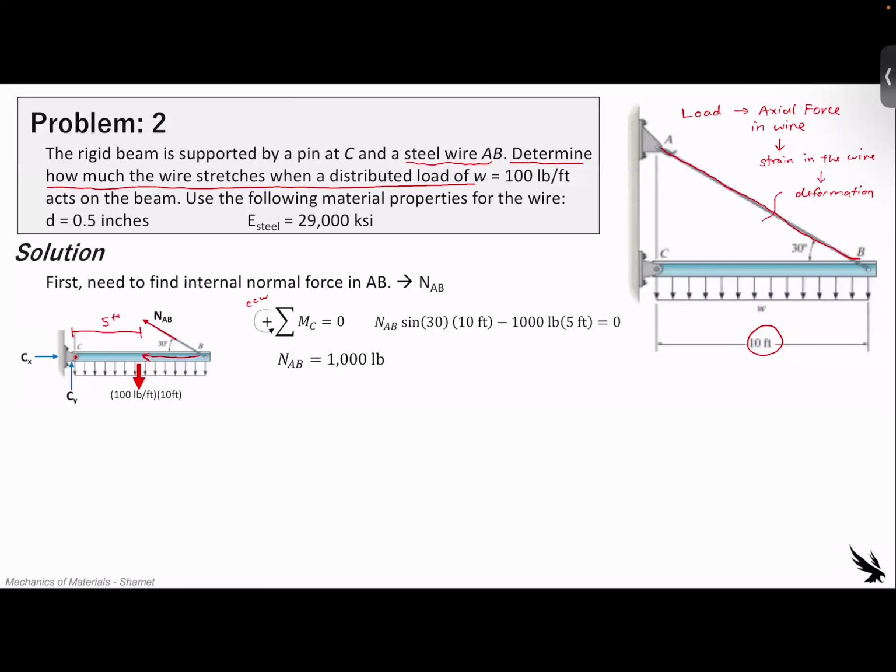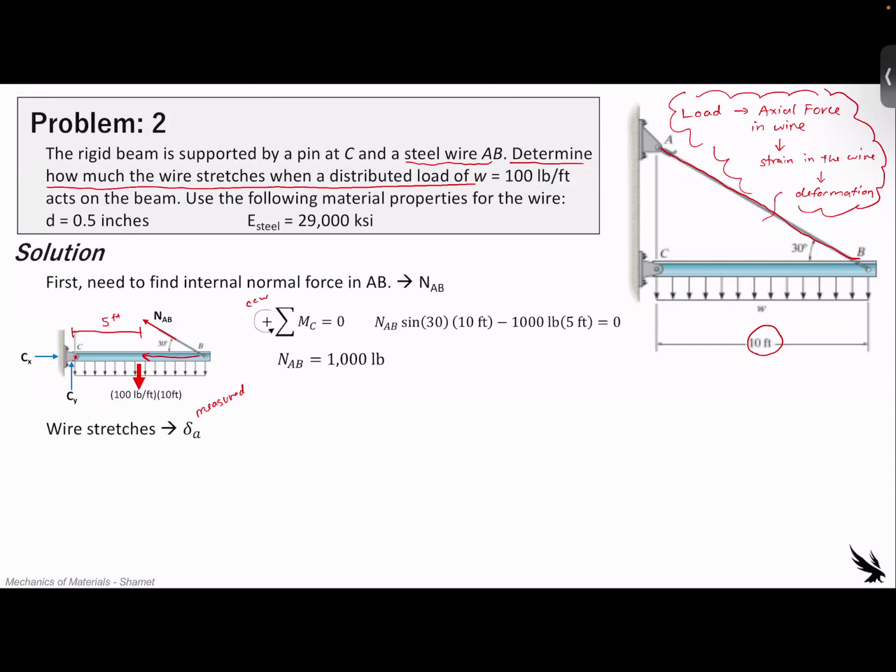So nice number here. Remember, wire stretching means what we have to find is a deformation, and a deformation means it's something measured, with units. Now you can go the old-fashioned way, as they showed up here, and find the load and then find the axial force.